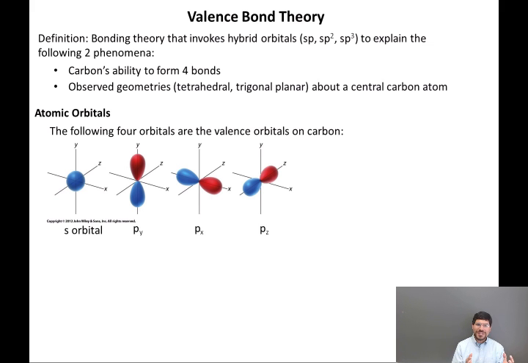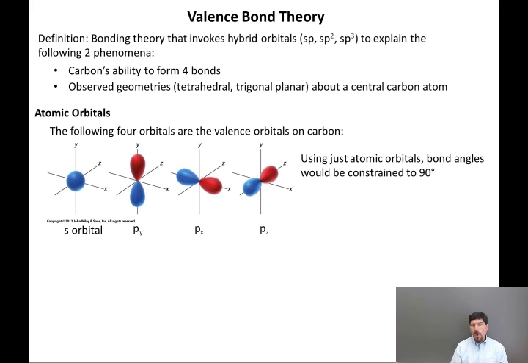For convenience, we define one of them as the py orbital, one of them as the px orbital, and one of them as the pz orbital. In other words, each one points along one of the 3 coordinate axes. So the fact that they are mutually perpendicular means that there is a 90-degree angle between, for example, the px orbital and the py orbital.